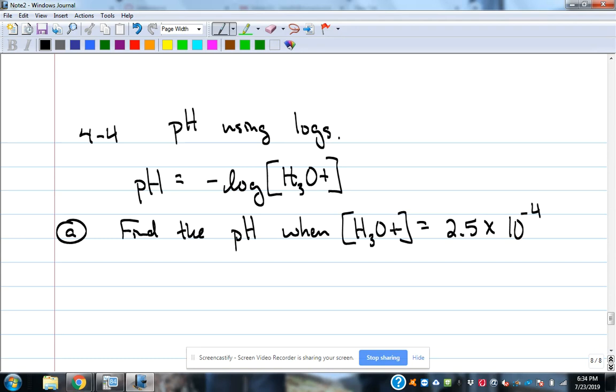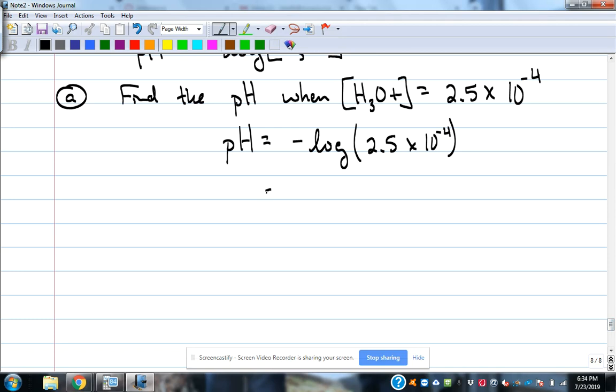I always think about that. So when you set up that equation here, where they give us the number that's in that log, that it's 2.5 times 10 to the negative 4, we just got to know how to put that into our calculator because all we're asked to do is find the pH. All right. So this one's a little easy.